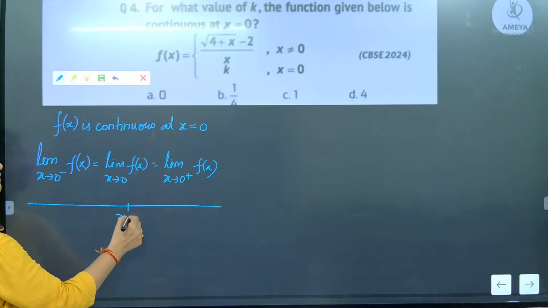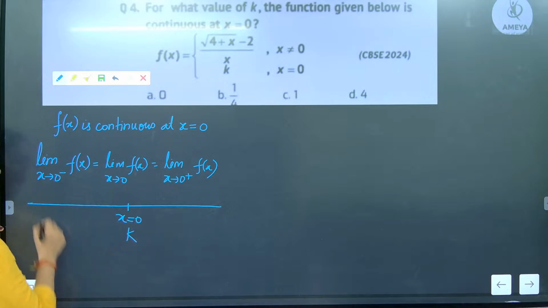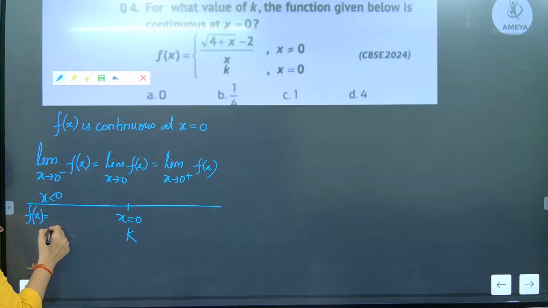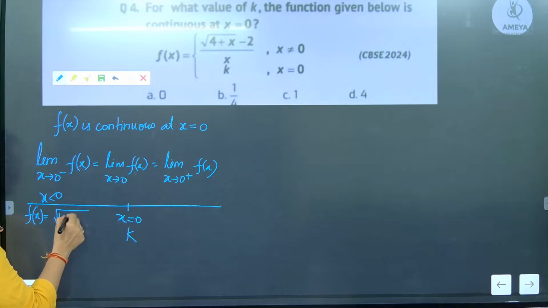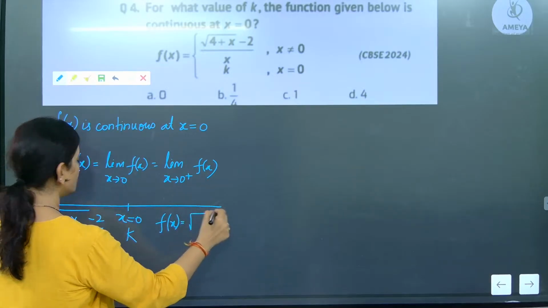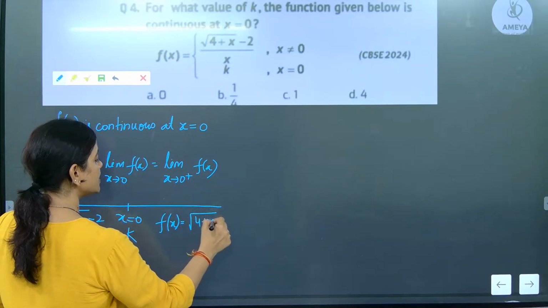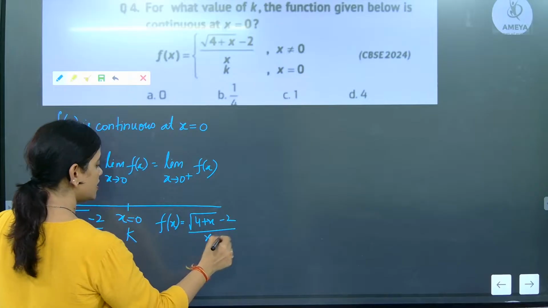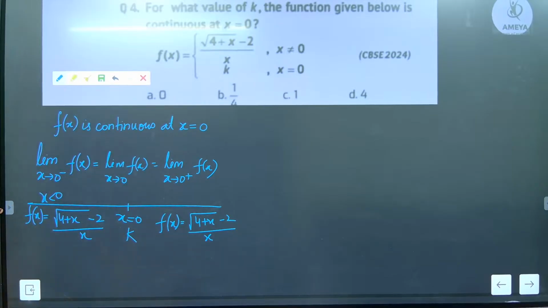So what is the center value? Okay, for the left side, when x is less than 0, what can f of x be written as? Root under 4 plus x minus 2 by x. Done? So now LHL, RHL, any part we can take.